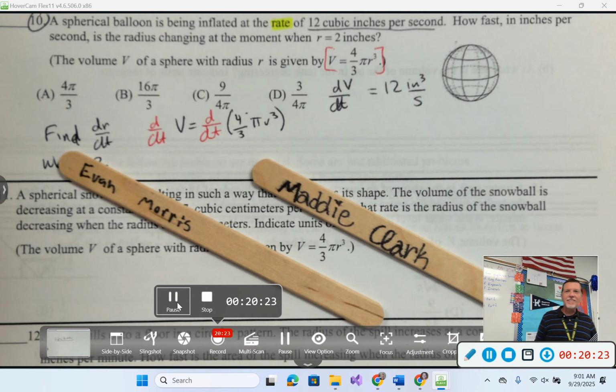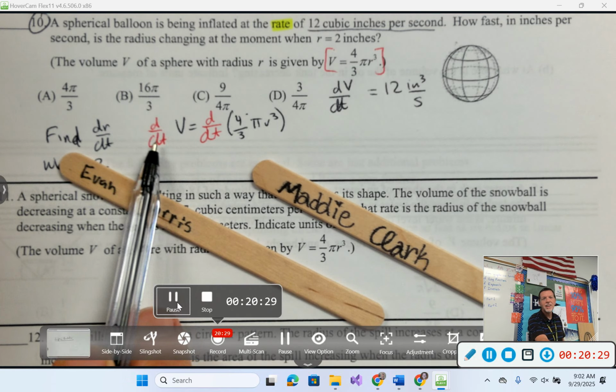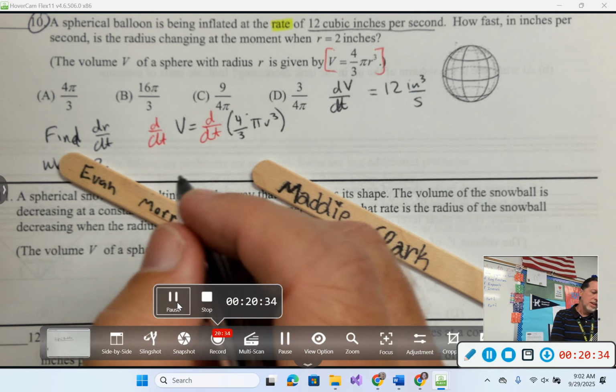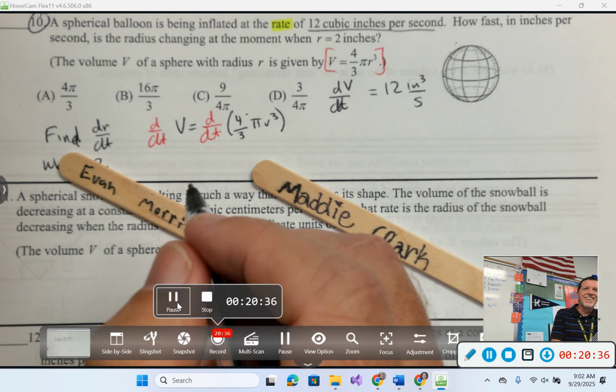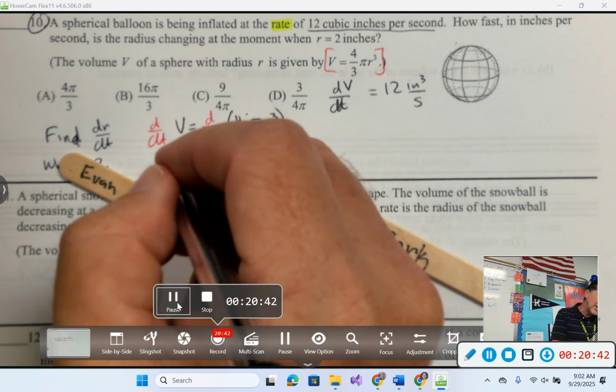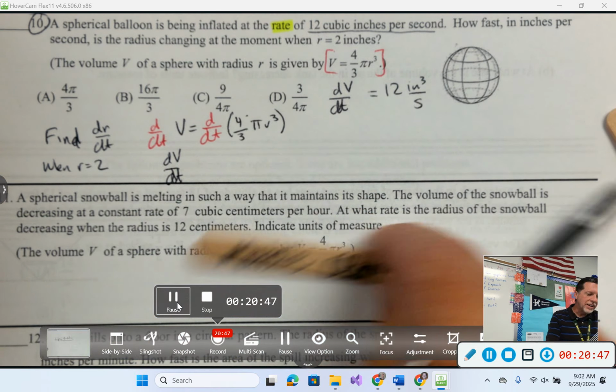Evan, how about the left-hand side? But I want to take the derivative of it with respect to t. Alec is whispering it, and whispering correctly. dV/dt?